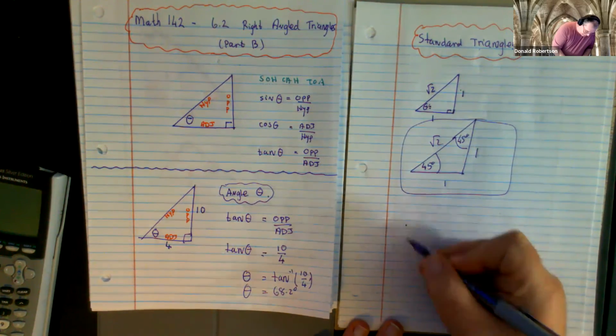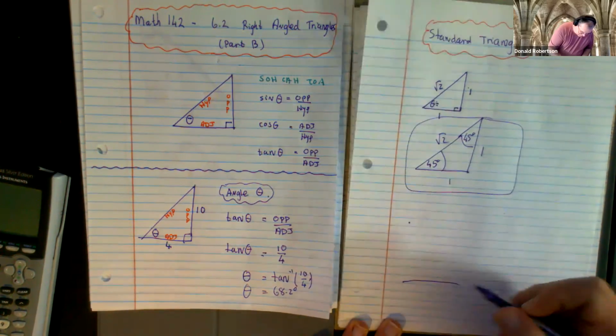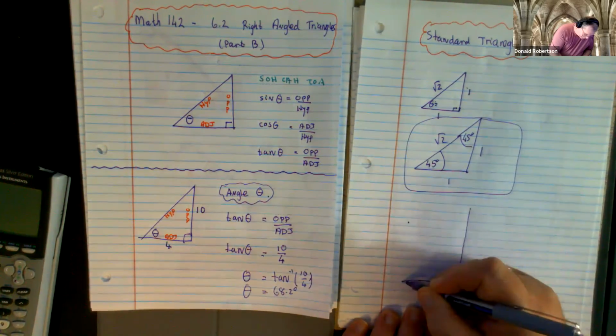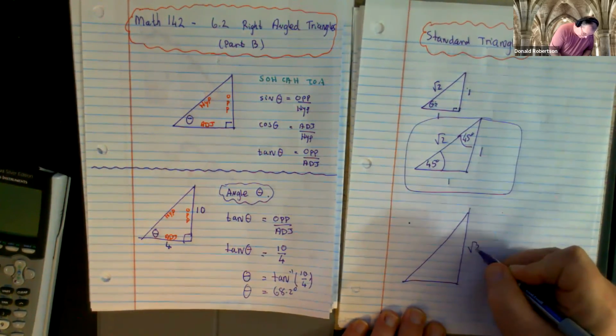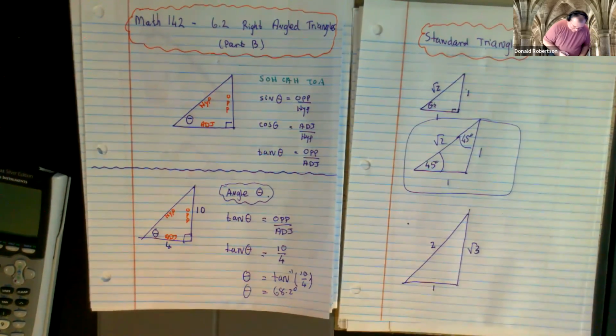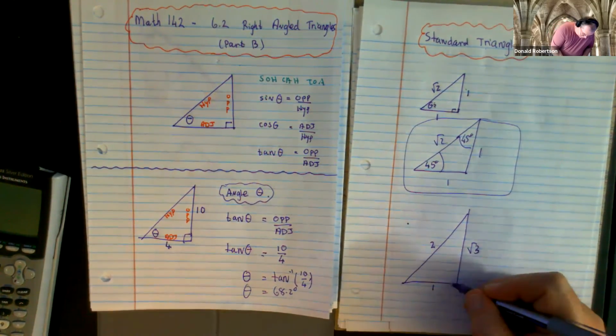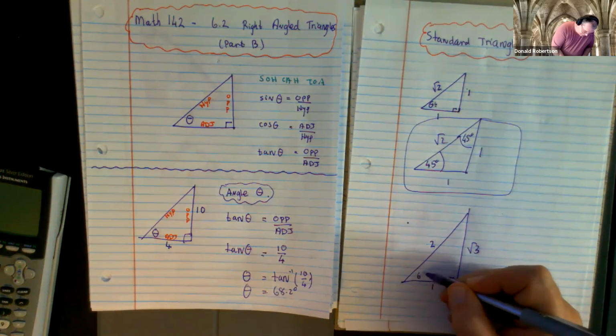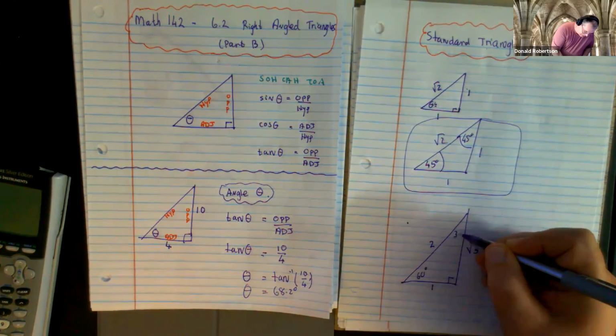Now, the second standard triangle looks like this. And in this triangle, this angle is 60 degrees and this one is 30 degrees.